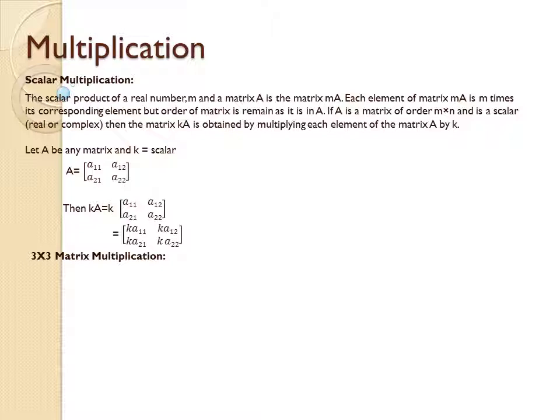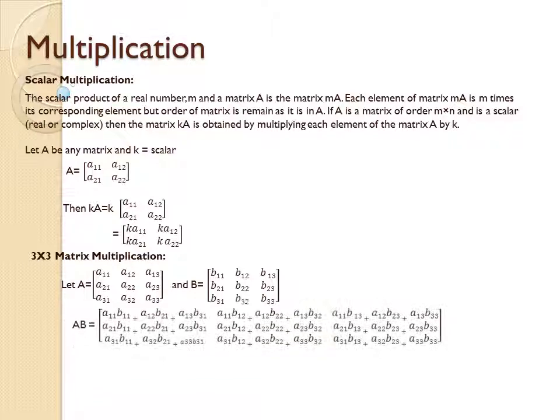So till now I have discussed only the 2 cross 2 matrix. For the 3 cross 3 matrix, the rules are just a little bit more difficult because it will take another row and another column. So I have taken 2 matrices: A11, A12, A13, A21, A22, A23 and A31, A32 and A33. This is my first matrix of 3 cross 3 order. The second matrix I have taken is B11, B12, B13, B21, B22, B23 and B31, B32 and B33.